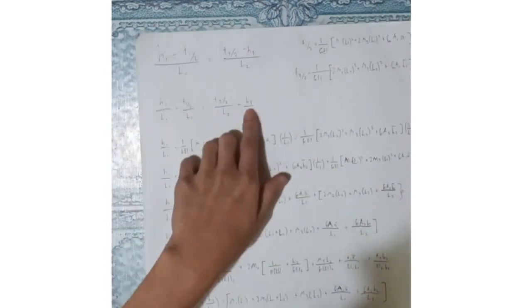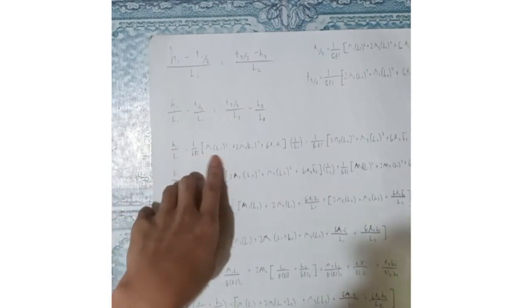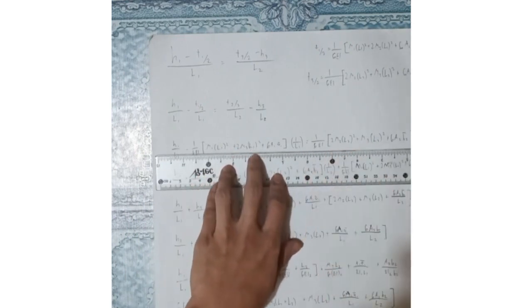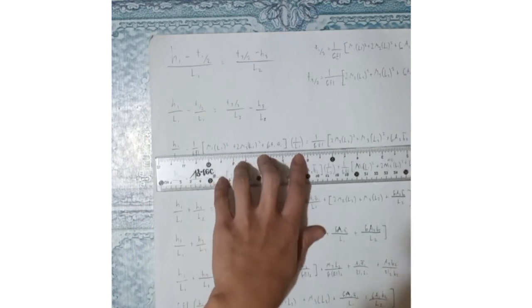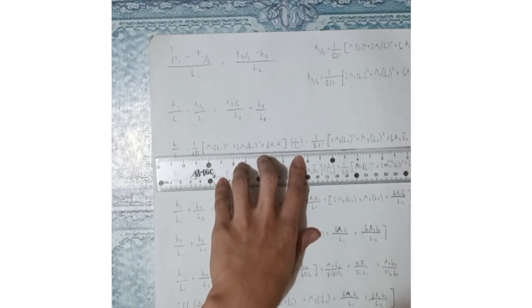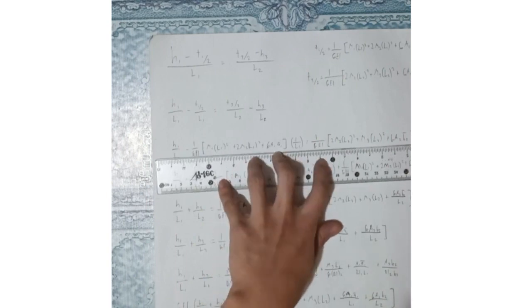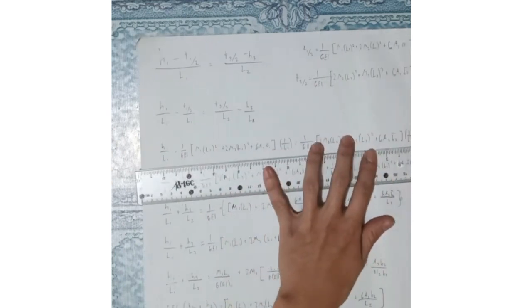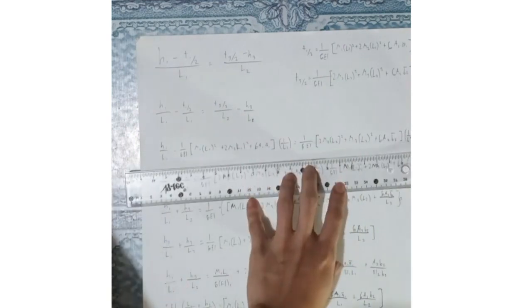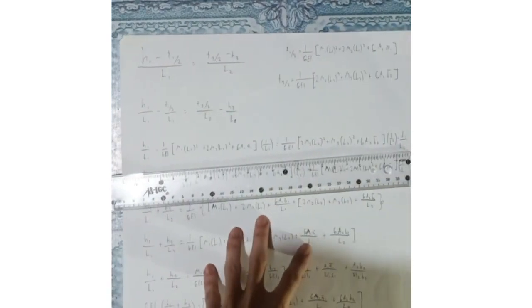So plug division 1 in this equation, so h1 over l1 minus 1 over 6 EI times m1 l1 squared plus 2 m2 l1 squared plus 6 area 1 a bar 1 times l over 1 l1 over l1 equals 1 6 EI times 2 m2 l2 squared plus m3 l2 squared plus 6 a2 b2 times l times 1 over l2 minus h3 over l3. Wait, there you go.